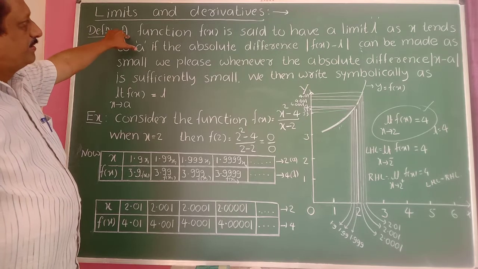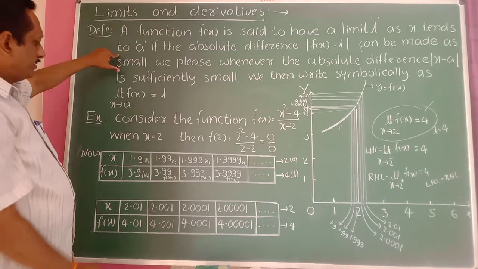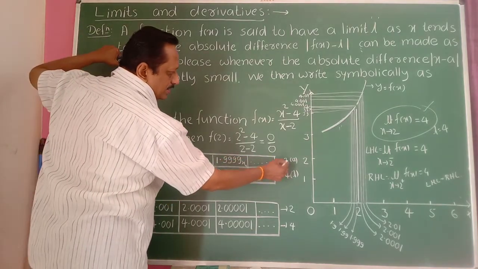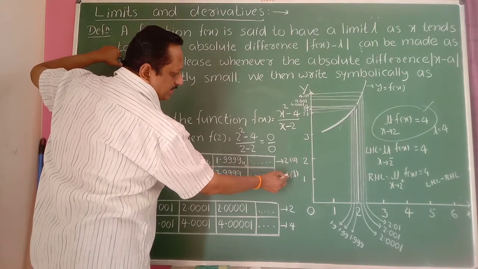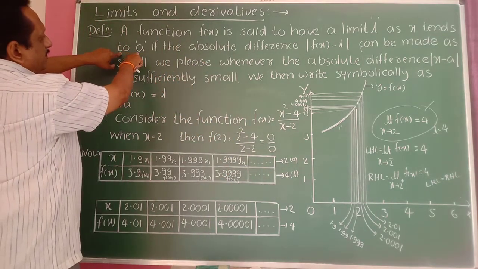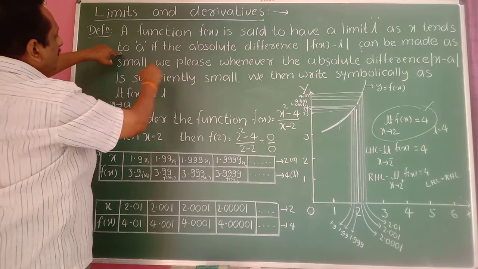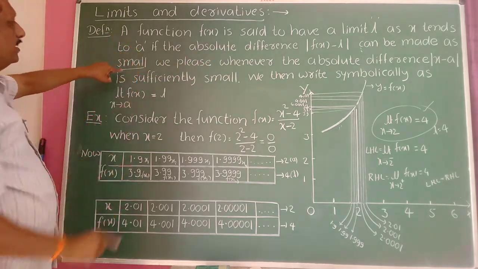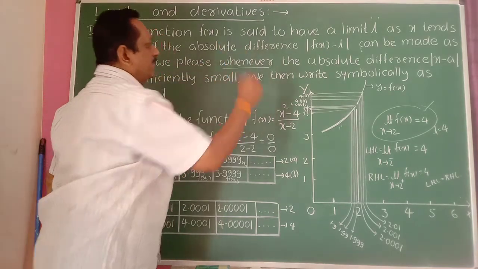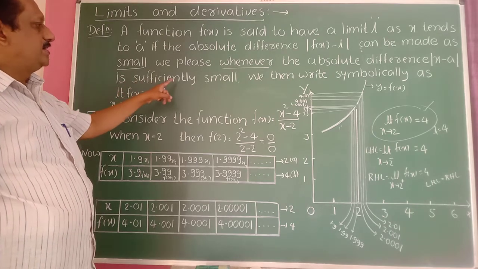A function f of x is said to have a limit L as x tending to a. Okay, this value tending to 2, then this value tending to 4. Hence, this is said to be the value of a, and this is said to be the value of L here. So, tending to a, the absolute difference f of x minus L can be made as small as we please whenever, this is important, the absolute difference modulus of x minus a is sufficiently small.